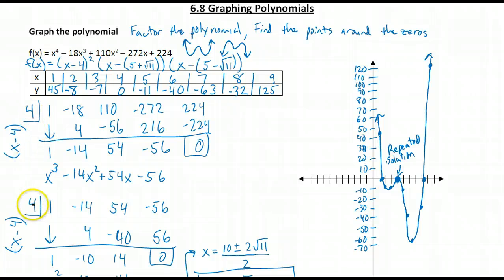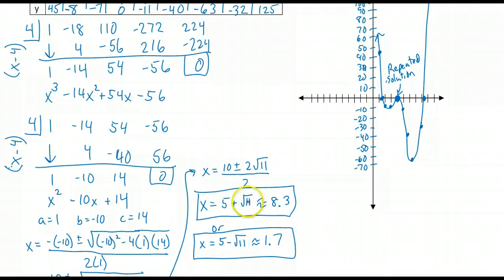So I still get 4 zeros, I just get 4 twice. (x minus 4) squared. So I still have 1, 2, 3, 4 zeros. And they're all real. It's just that some of them are irrational, and some of them are integers. They're rational.